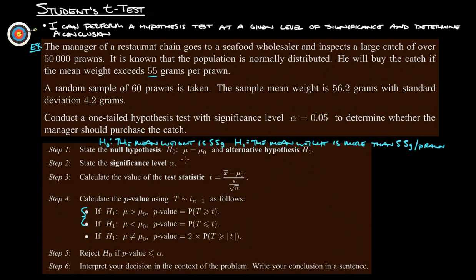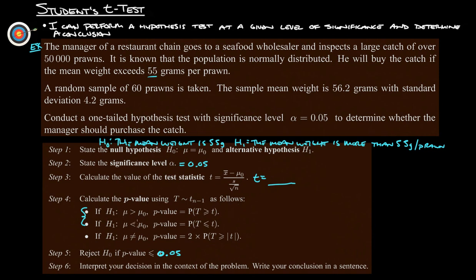State the significance level. They told us here that it is 0.05, right? So I'm going to put in 0.05 for this part down here. Calculate the value of the test statistic. We'll leave ourselves a spot here to fill in that blank after we calculate the p-value.